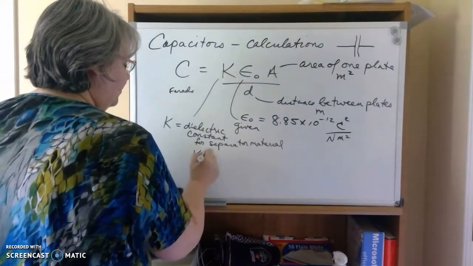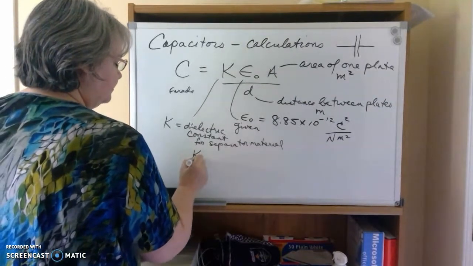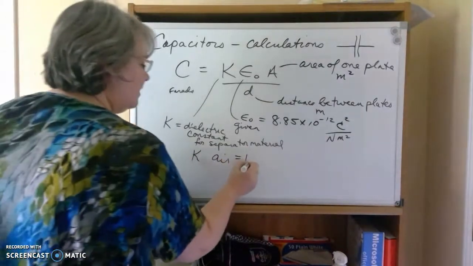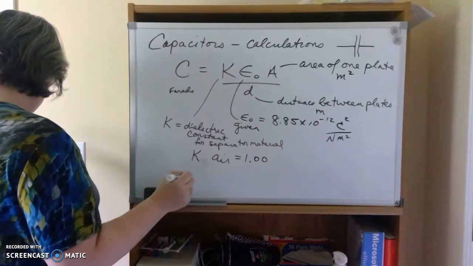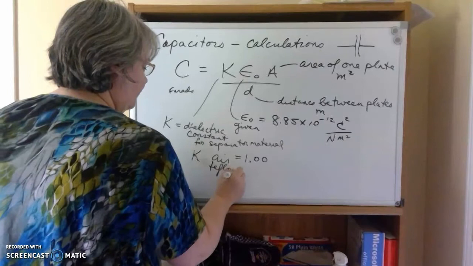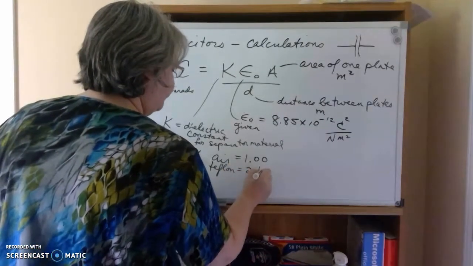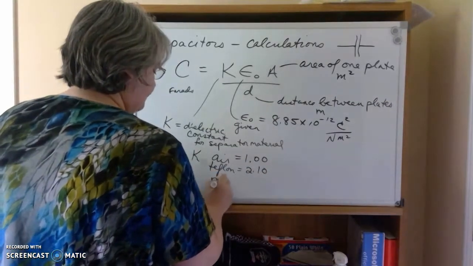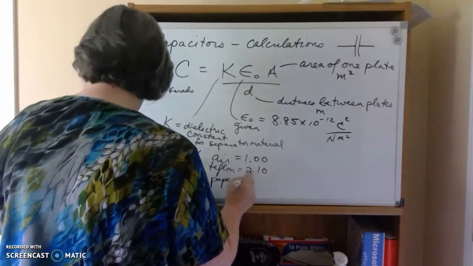And kappa for air is equal to 1. Okay. Kappa for example, Teflon is equal to 2.1. And paper is equal to 3.7.